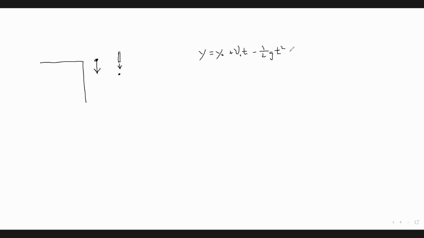It would be negative 1/2 g t squared plus... No. The acceleration, a, is minus g.